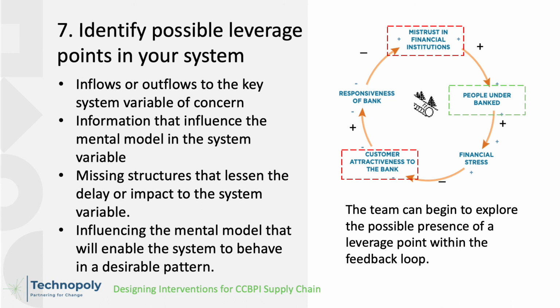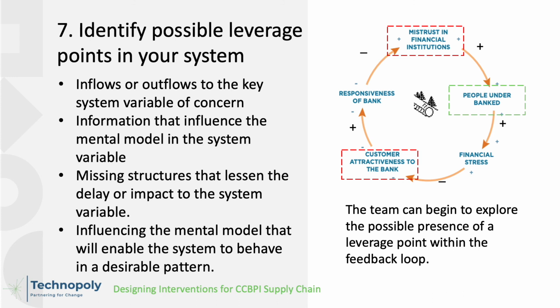Once the team has identified the significant structure or loops, it is now time to identify possible leverage points in those loops. These points could be found in your inflows or outflows that drive your system variable. Could there be some information that can influence the way the people think about the variable and therefore affects the result of the variable?